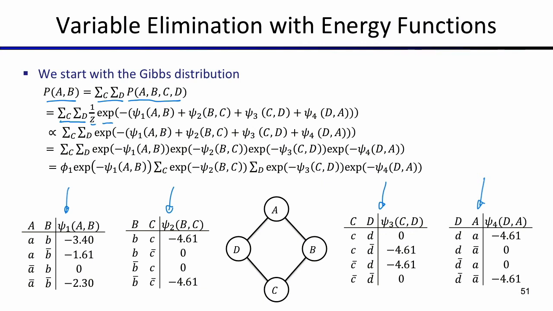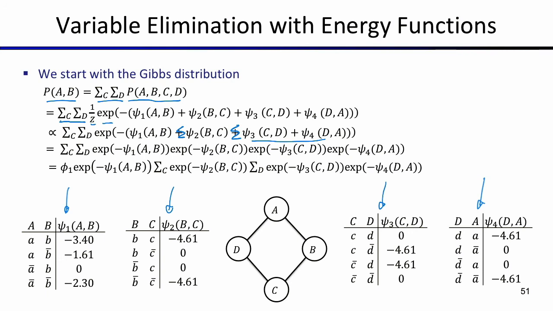We want to move the summation over the variable D to this position here where we can eliminate D, and these are the factors that mention D. And we want to move the summation over C to this position here so we can eliminate the variable C. But the problem is that we have this exponential function, and if we do the summation inside the exponential function, it is going to modify our final results, because the exponential function is not a linear function.